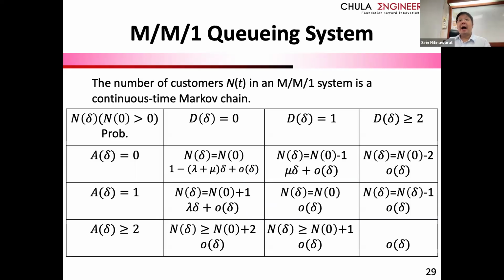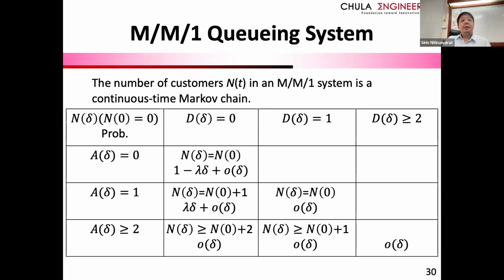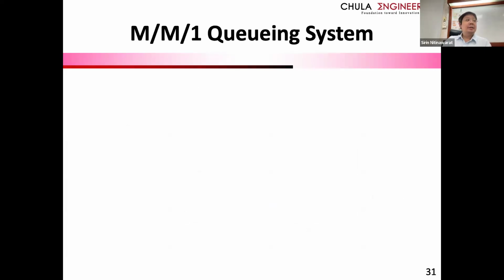Why do we need to derive all these probabilities? Because it will help us analyze the asymptotic stationary distribution of the MM1 queuing system. I think you all need some break, maybe 10 minutes.